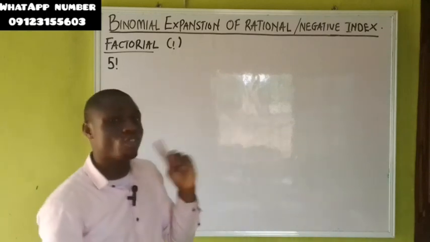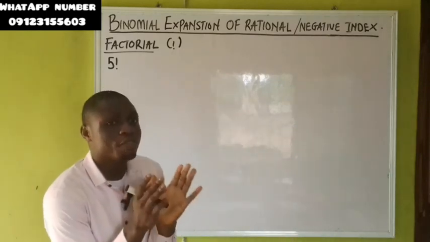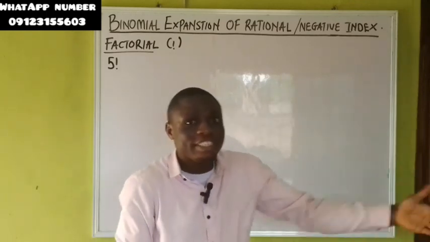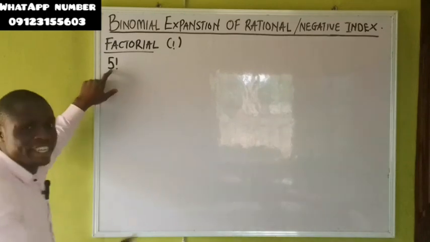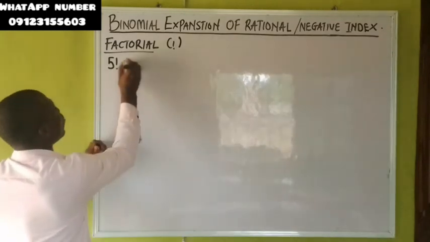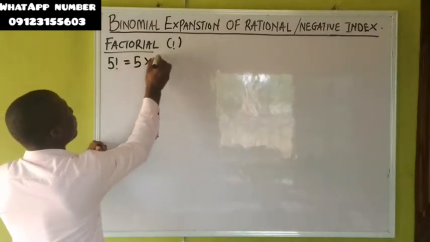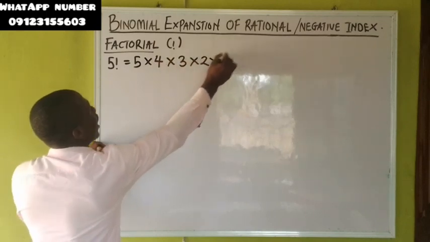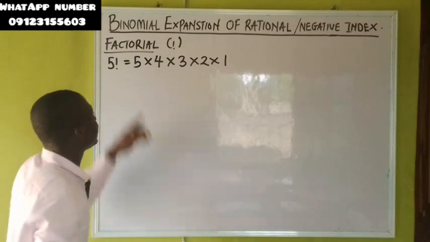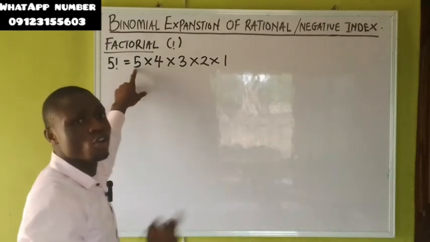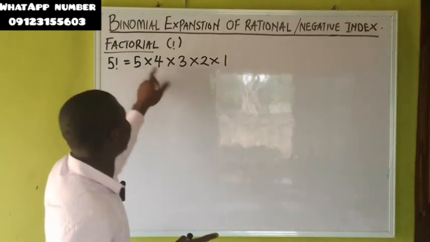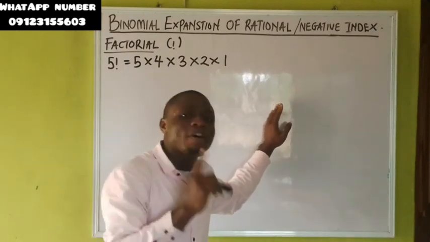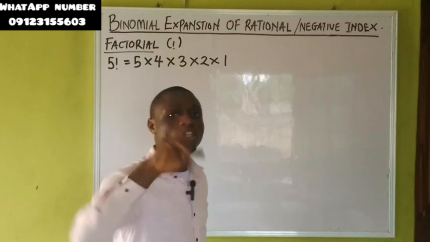So factorial means consecutive terms in descending order. 5 in descending order consecutively becomes 5 times 4 times 3 times 2 times 1. These are consecutive terms in descending order, such that each term differs from the previous by 1 until 1.